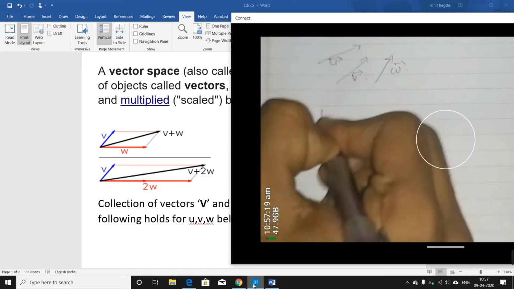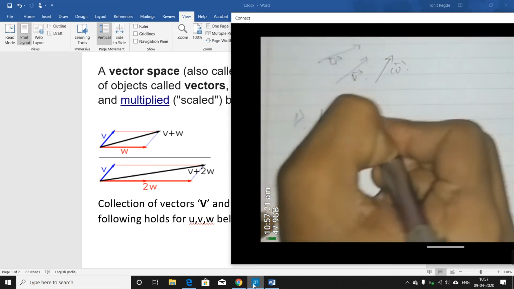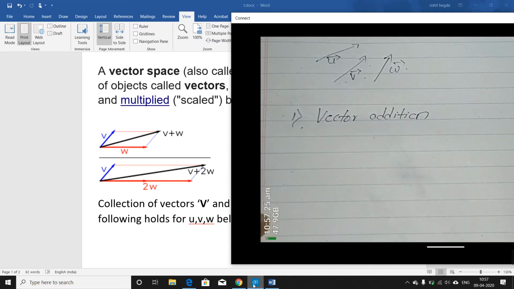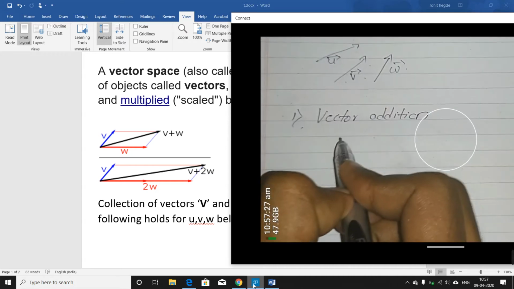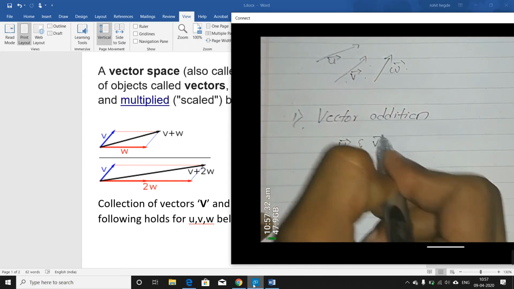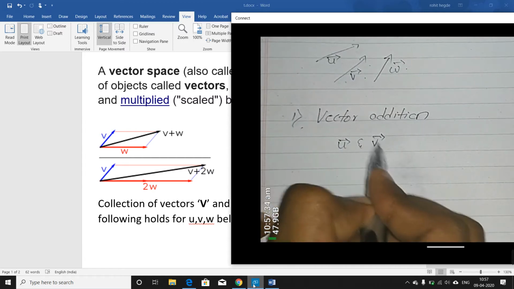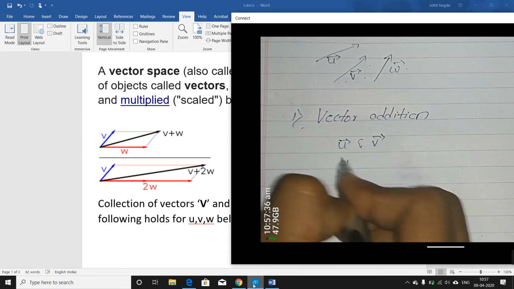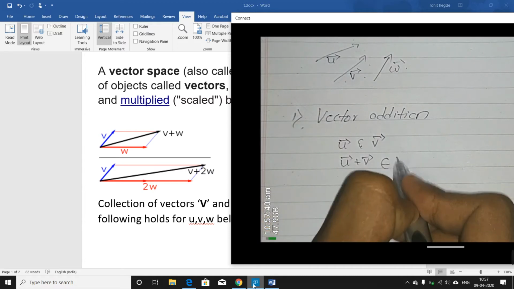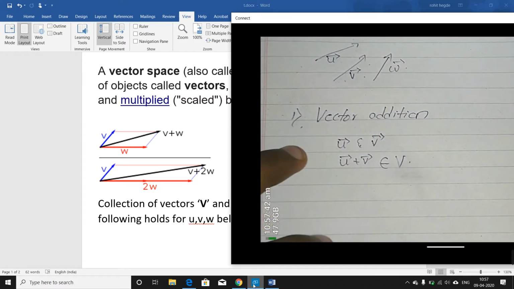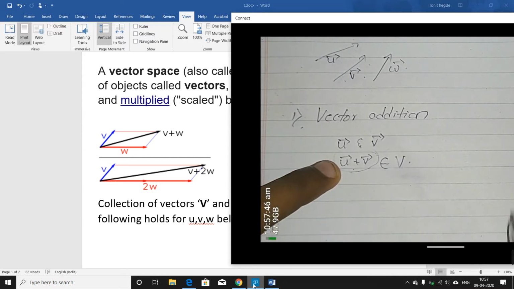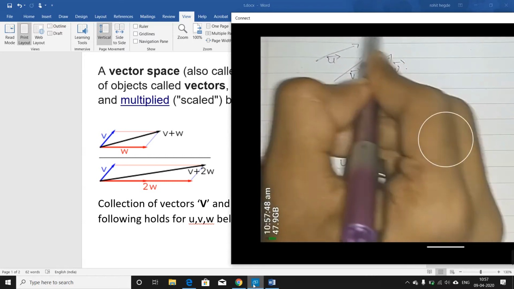Vector addition means if you have any two vectors, u vector and v vector, then the summation of these two vectors, u vector plus v vector, should belong to V. That means the summation of these two vectors gives some vector, and that vector should be in this vector space.